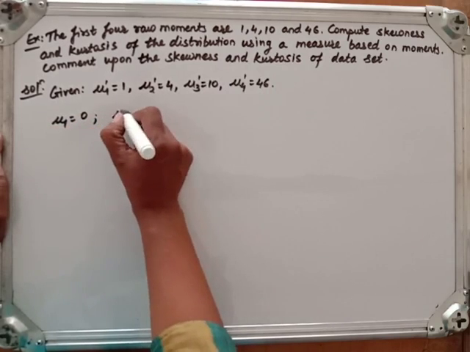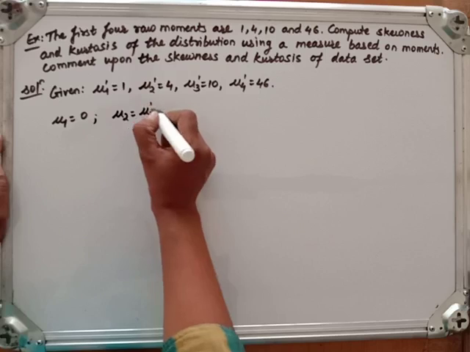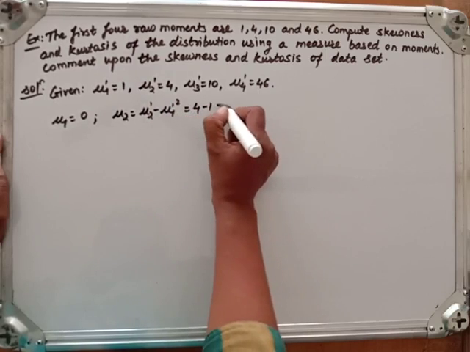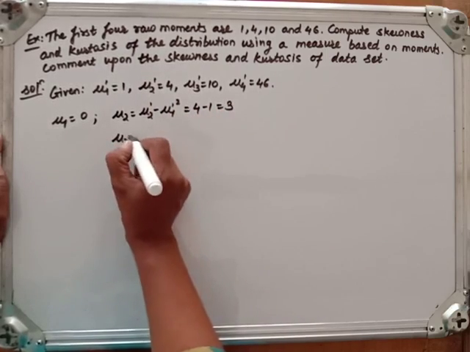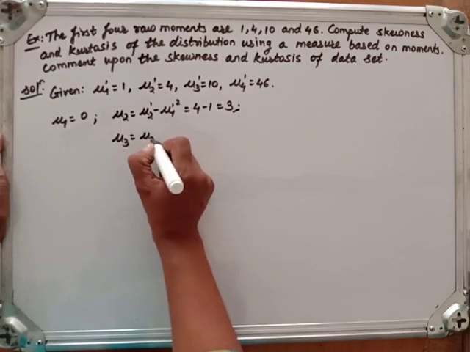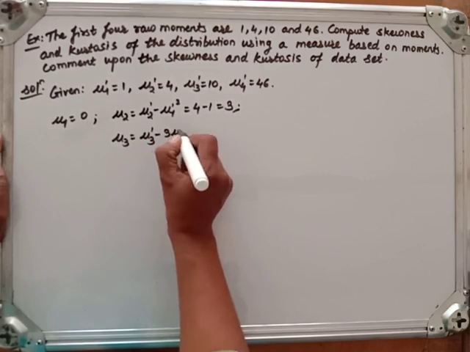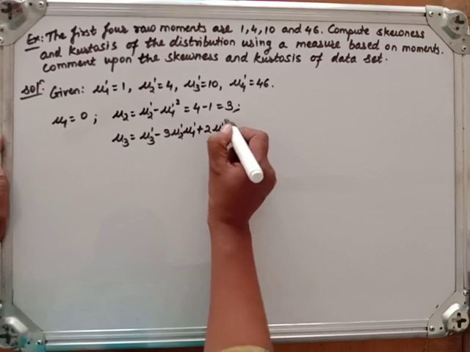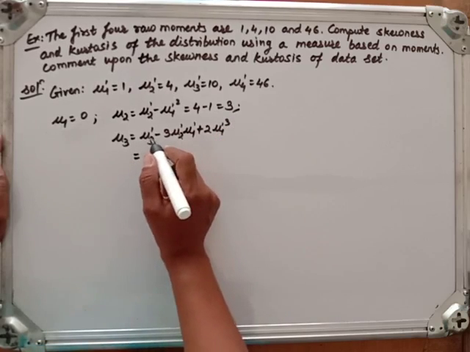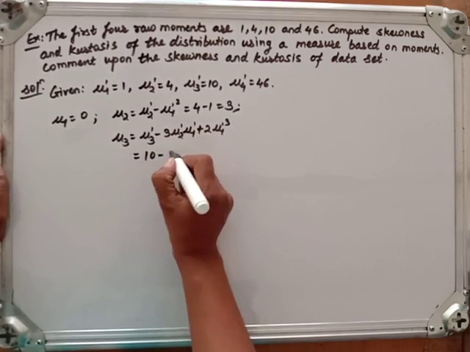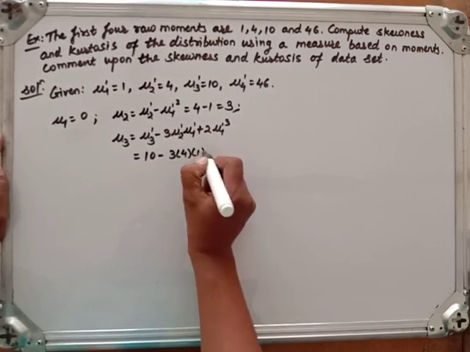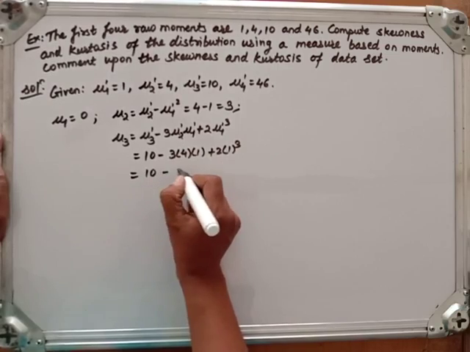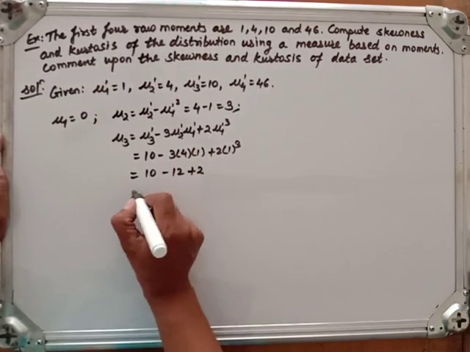So you know mu1 is always 0. We will find mu2. What is mu2? It is mu2 dash minus mu1 dash square. So it is 4 minus 1. So that is 3. Mu3 is mu3 dash minus 3 mu2 dash mu1 dash plus 2 mu1 dash cube. So this is 10 minus 3 into 4 into 1 plus 2 into 1 cube. So this is 10 minus 12 plus 2. So that is 0.